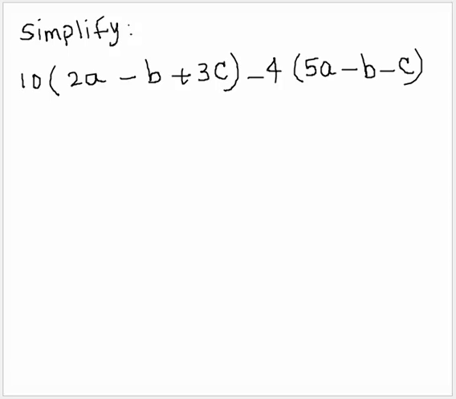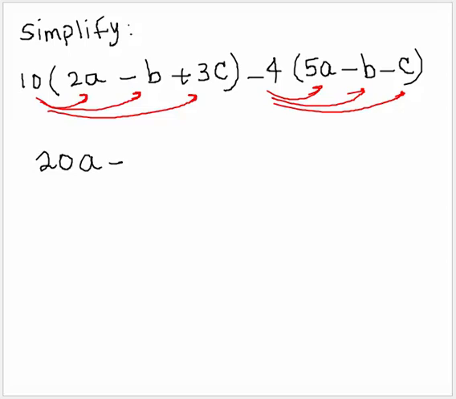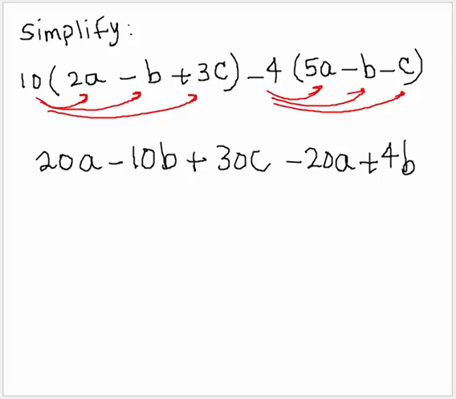Okay, here we have to distribute. We have 10 times 2 would be 20a, minus 10 times minus 1 would be minus 10b, plus 10 times 3 would be 30c, and we have 4 times 5 would be 20a, negative 4 times negative 1 would be plus 4b, and then plus 4c. Let me stop here for a second and make sure we can follow this so far.